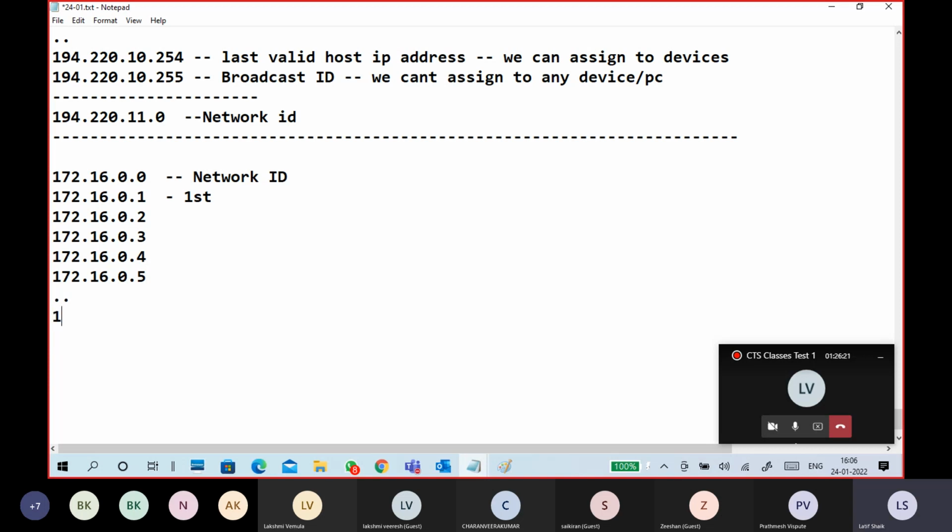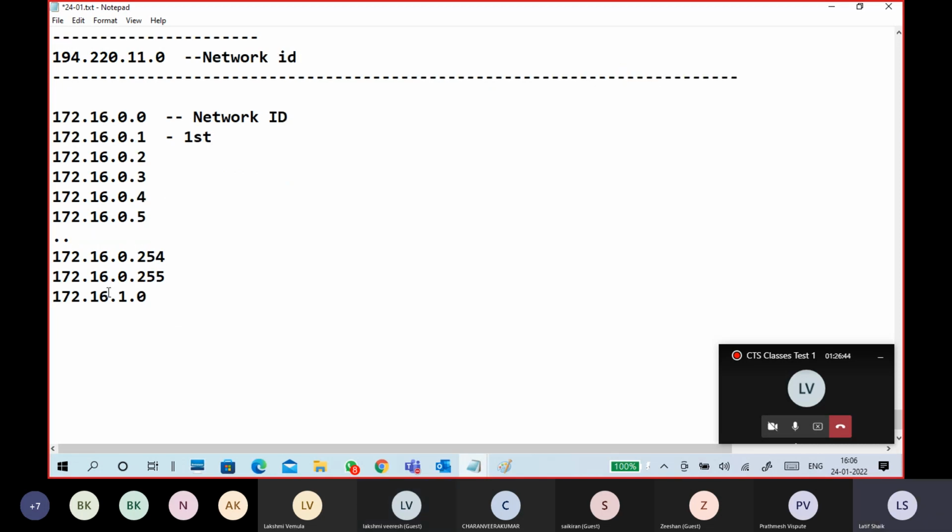Finally, after some typing, I reach 172, 16, 0, 254 and 172, 16, 0, 255. So is this the last IP? No, because it keeps going till the network ID changes.